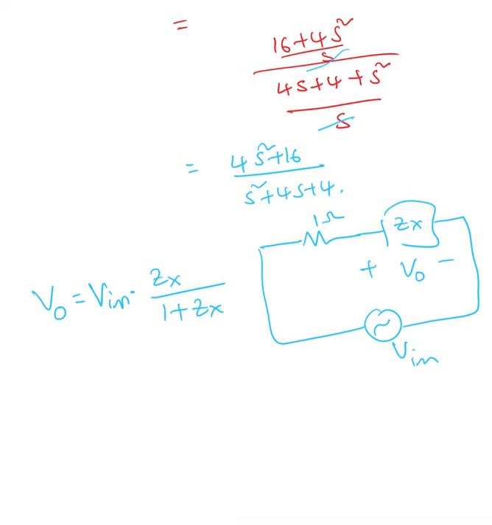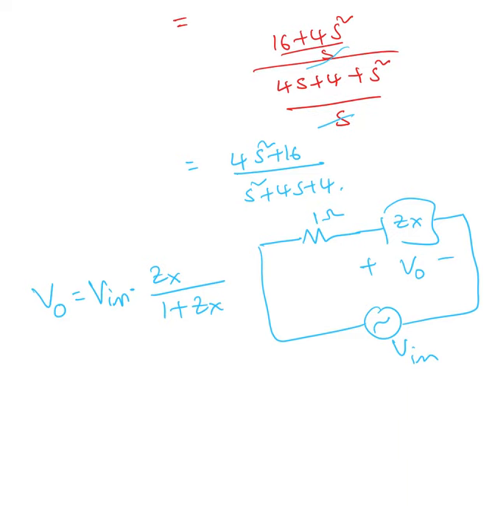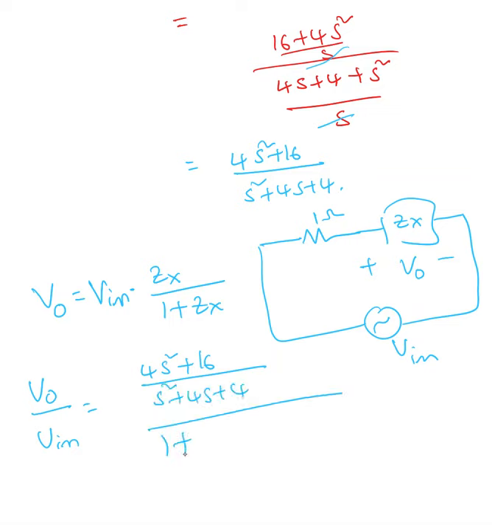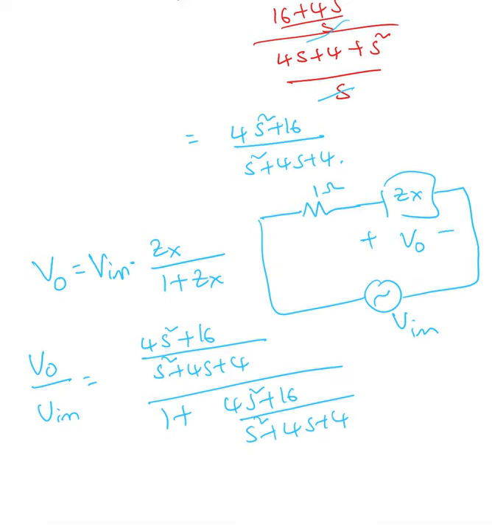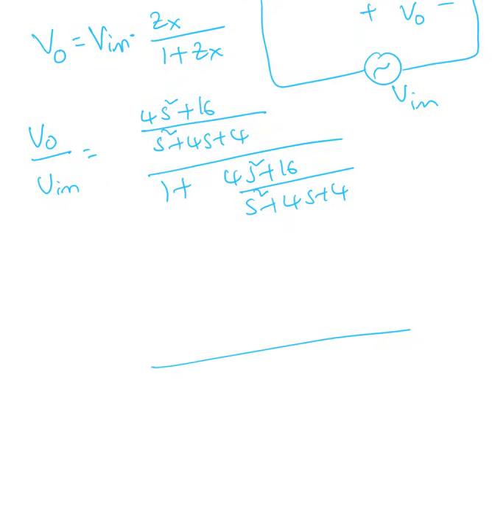So V naught over Vin, which is the transfer function, equals Zx, which is 4S square plus 16 over S square plus 4S plus 4, over 1 plus 4S square plus 16 over S square plus 4S plus 4. Now I'm going to do the LCM in the denominator.